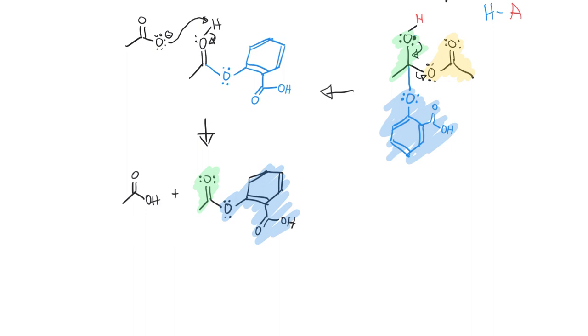And then we have our leaving group over here that has become protonated with the hydrogen, which was right here. And what we're left with is acetic acid and aspirin.